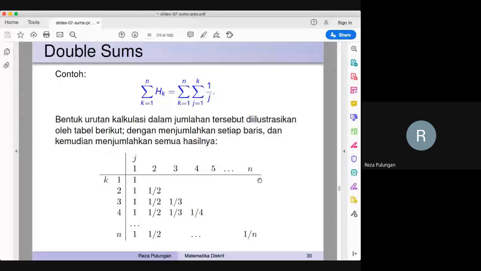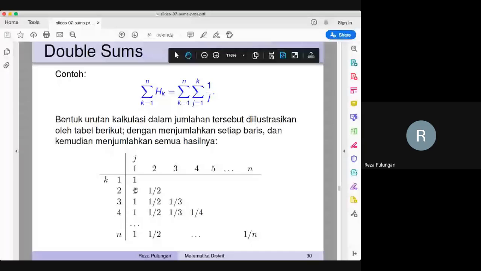Okay, let's see the next one. When k is equal to 2, what happened? Then j can be 1 and can be 2. When j is equal to 1, then this function, 1 divided by j, is equal to 1. When j is equal to 2, then the function is equal to 1/2.